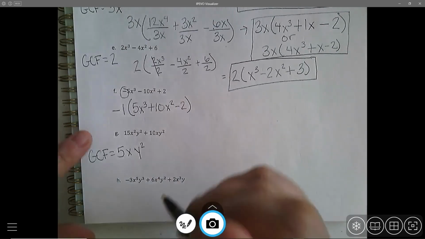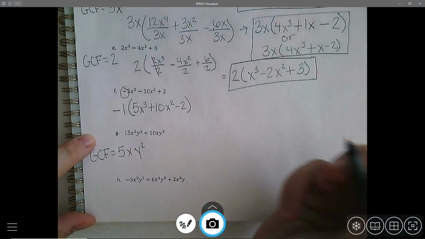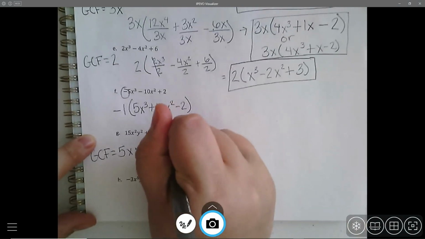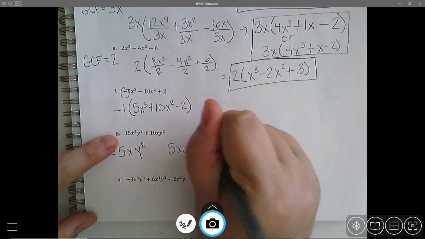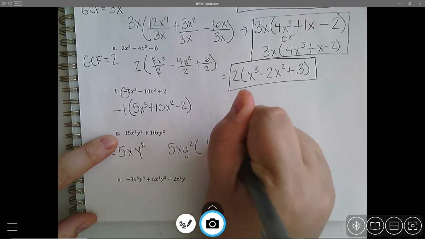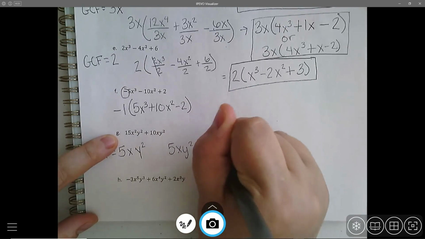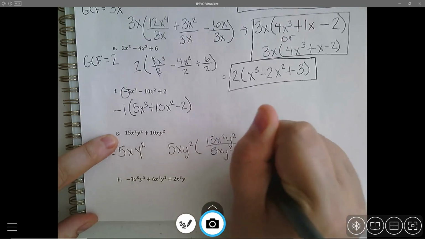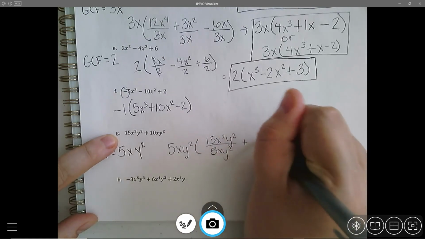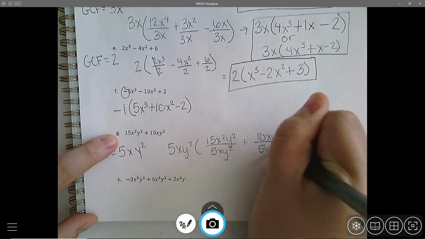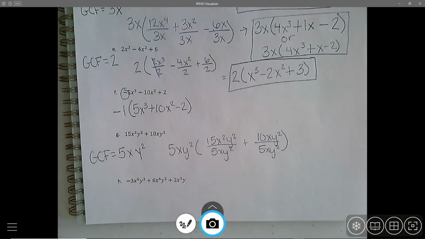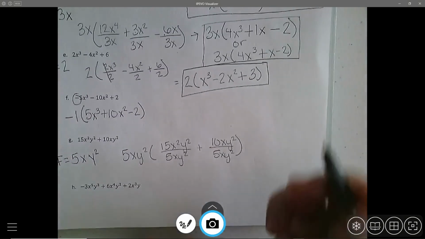in this case. So now, to get my final answer, I'm going to take that GCF, and it's like I'm taking every term and dividing by it. Okay, so I wrote it out, I divided it. Now, getting your final answer.